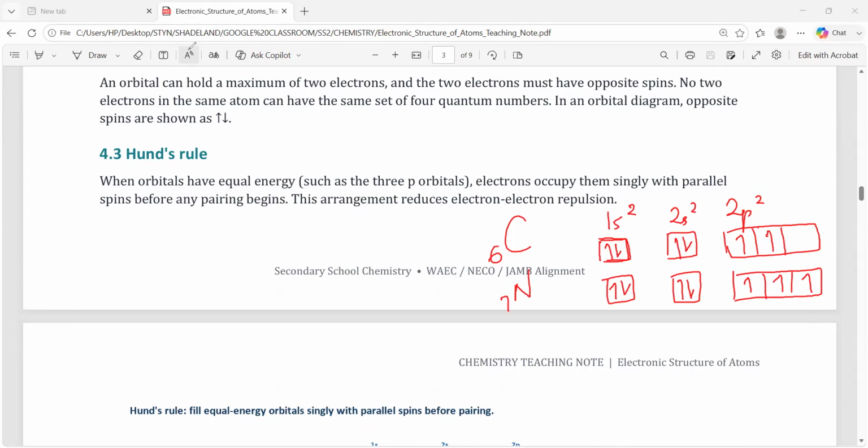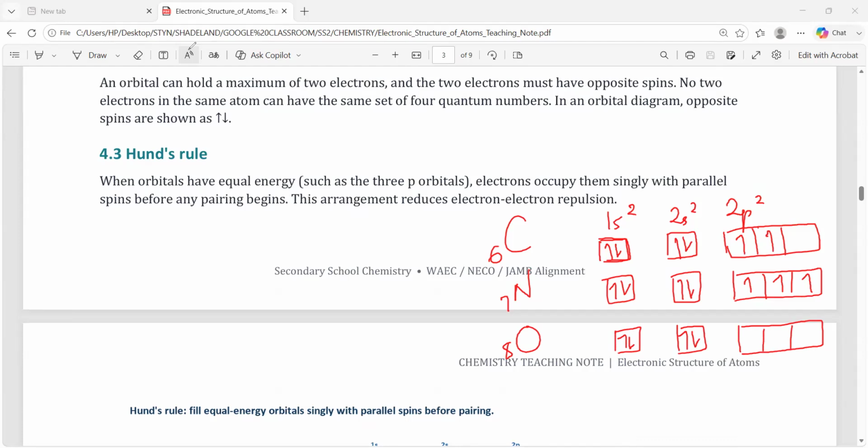Then what is the next element? Oxygen. So oxygen is 1s2, 2s2, and 2p what? 2p4, isn't it?